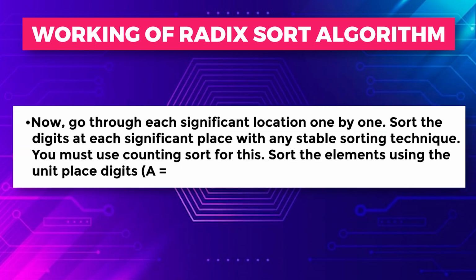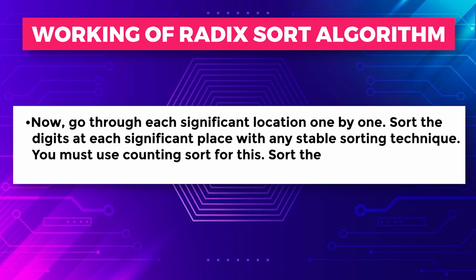Now, go through each significant location one by one, and sort the digits at each significant place with any stable sorting technique. You must use counting sort for this. Sort the elements using the unit place digits, like A equal to 0.